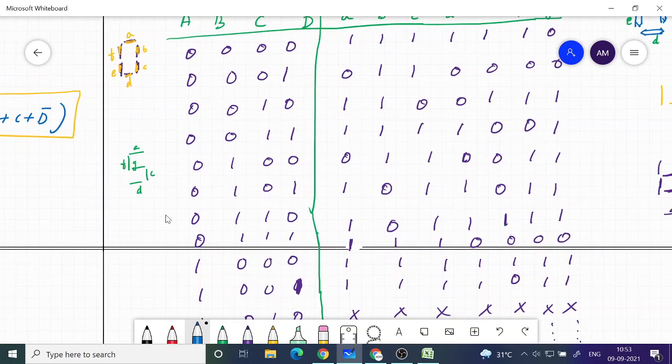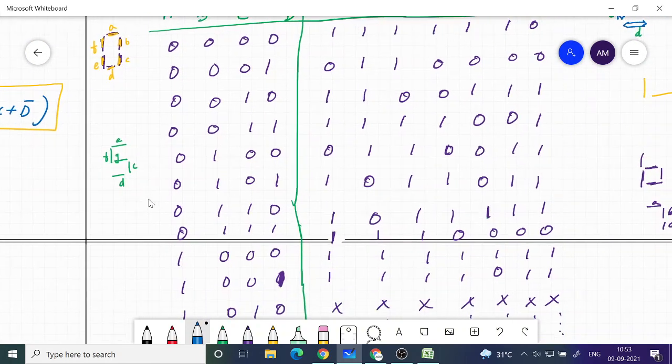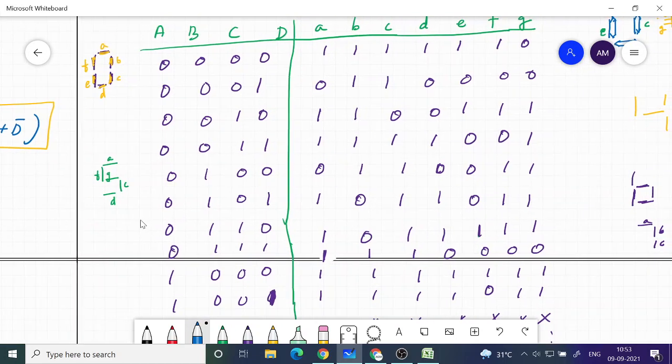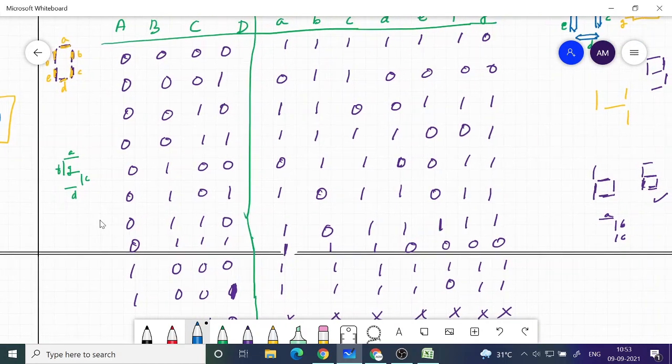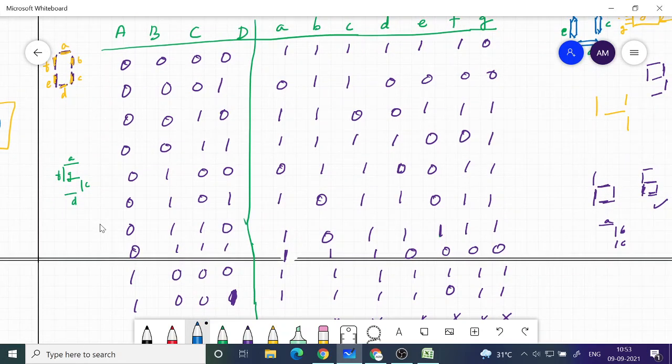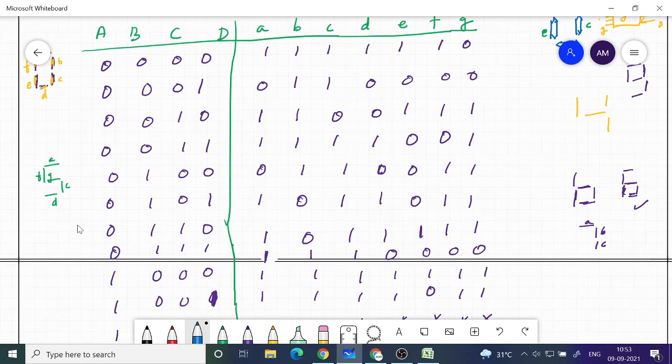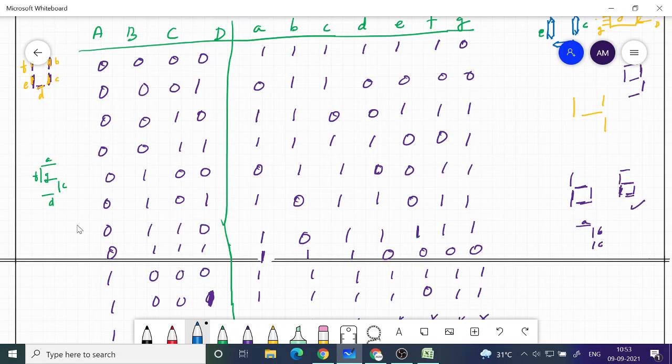So if I try to find the expression for A, let me just write down the minterm representation. Sigma, 0 is there, 1 is not there.